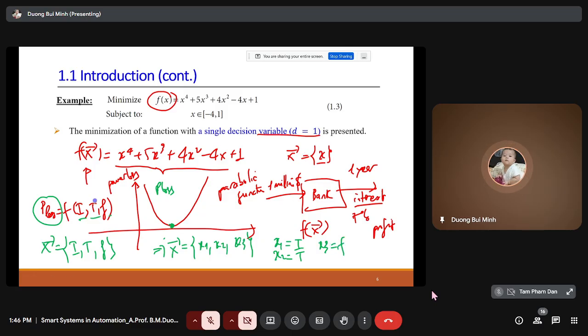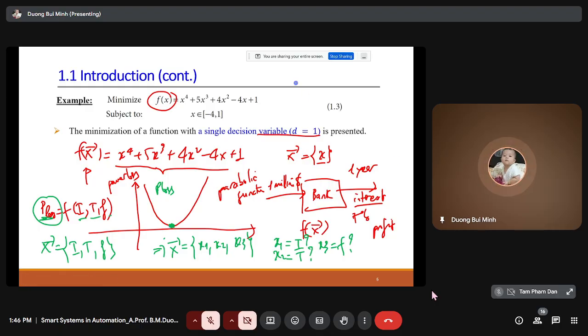So we have the objective function: P loss is a function of current, temperature, and frequency. We would like to calculate what current, what temperature, and what frequency make the P loss minimized.